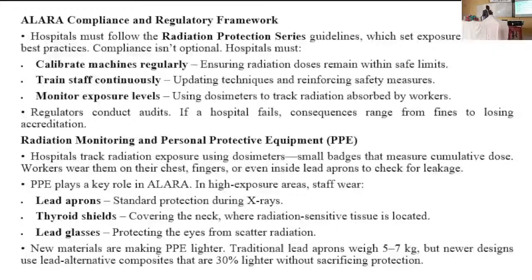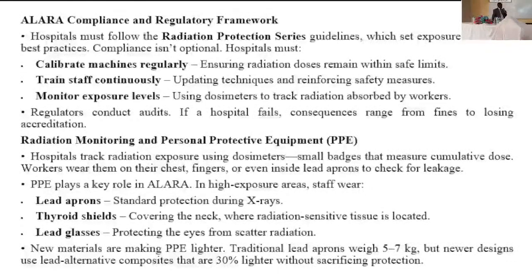In high exposure areas, staff can wear neck aprons. That's the standard protection for X-rays. Thyroid shields cover the neck where radiation-sensitive tissue is located, and the lead glasses protect the eyes from scattered radiation. So the new materials are making PPE lighter.